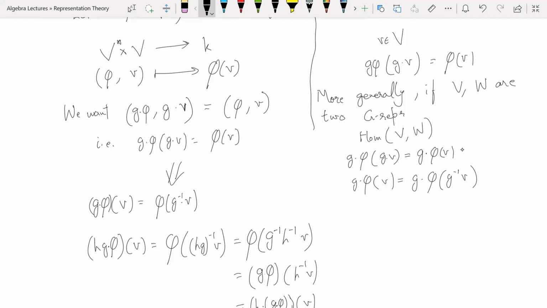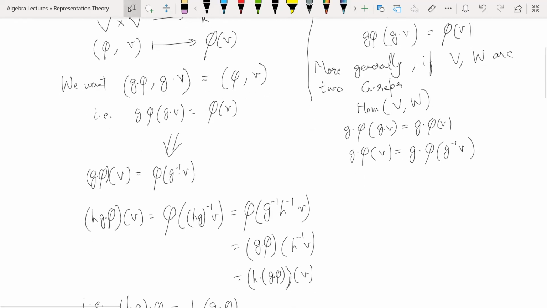Let's see what (hg dot phi) evaluated at v is: it is just phi of (hg) inverse v, which is basically phi of g inverse h inverse v. By this definition, this is the same as (g dot phi) of h inverse v, if you apply that formula.